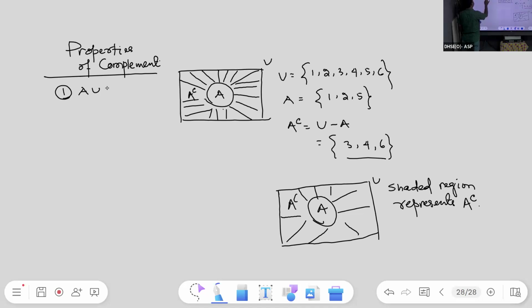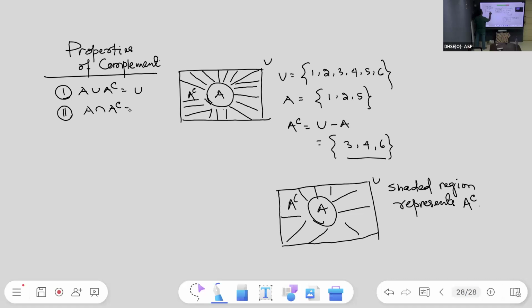A union A complement is the universal set. Then there is no element common between A and A complement, so we can write A intersection A complement is equal to phi.